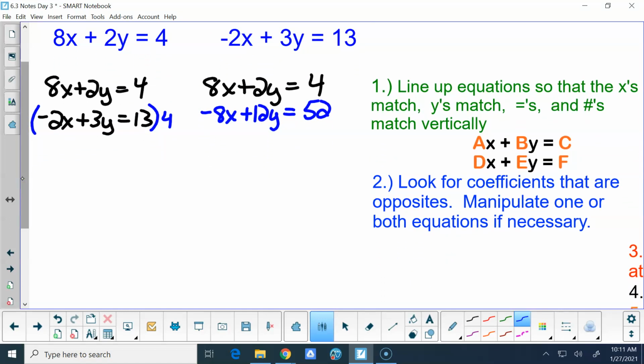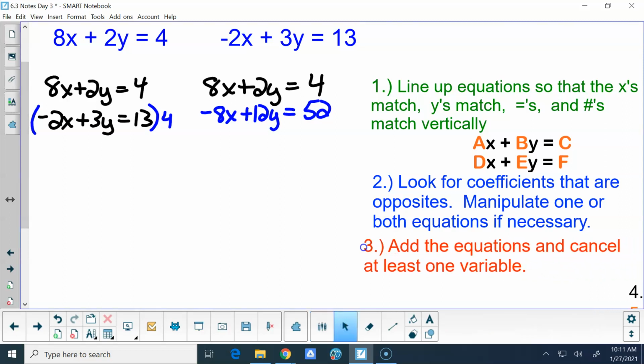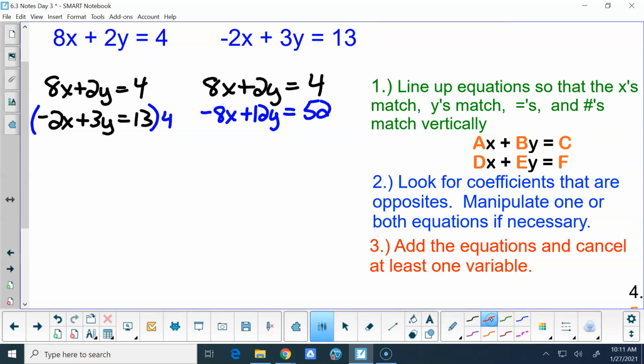Step number 3 then says we are going to add those two equations, and we are going to cancel out, eliminate, if you will, hence the title elimination. We're going to eliminate one of the variables. So if I add these two equations together, 4 plus 52 is 56.